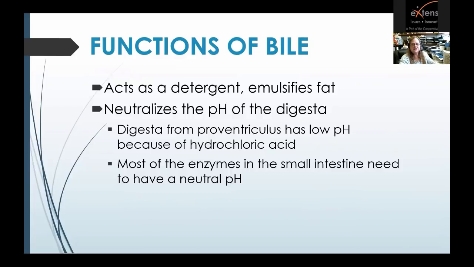Bile acts as a detergent, so it emulsifies the fat, and it neutralizes the pH, because the digesta from the proventriculus has a low pH because of the hydrochloric acid, and most of the enzymes that the pancreas secretes into the small intestine need to have a neutral pH, so that's the important role of bile.